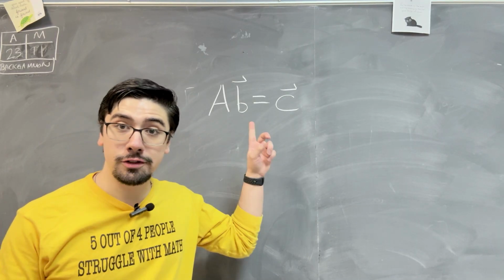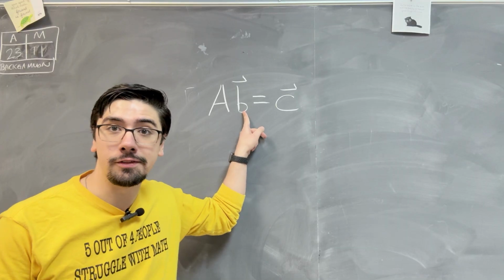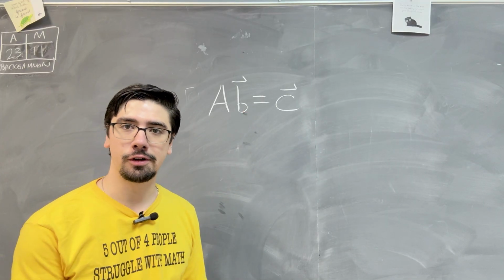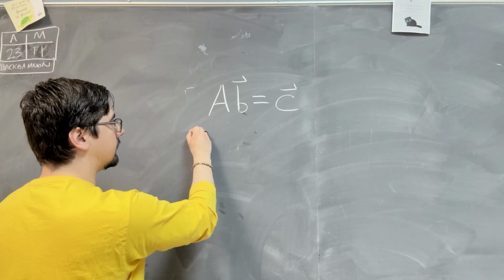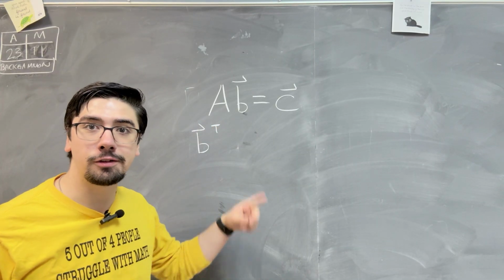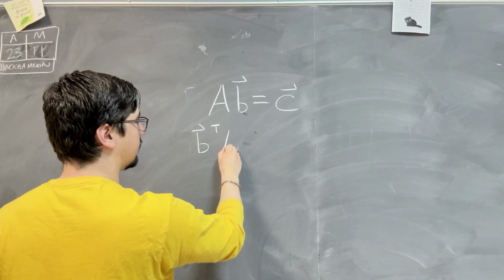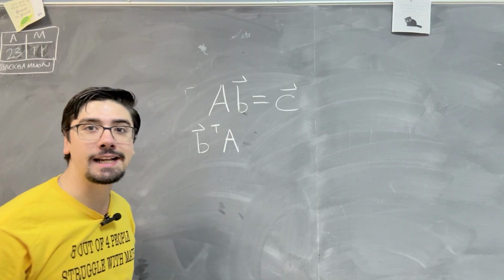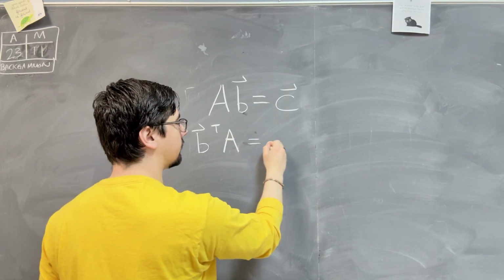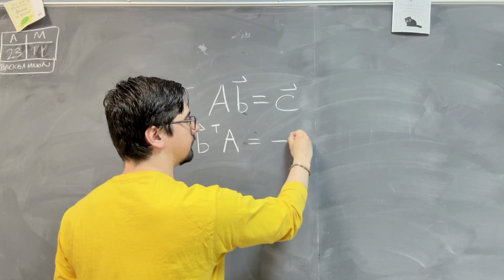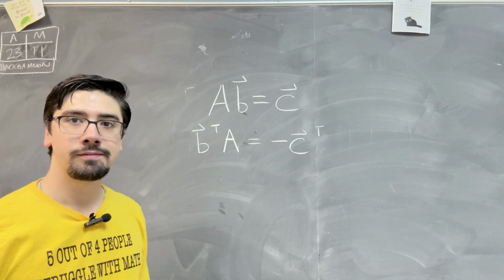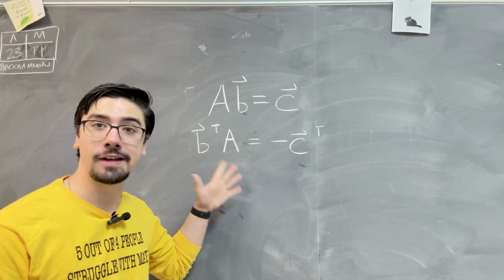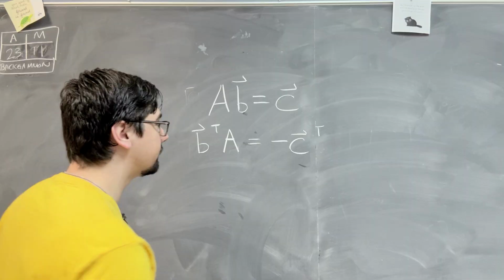So we know that our matrix A times some vector b is going to give us a new vector c. So if we switch the order then we know that b, we got to turn it sideways, so we'll take its transpose and multiply it by A, and that's going to give us negative c, but again it's sideways, so we got to take the transpose again. Notice that we can take the transpose of both sides again to make it match the original, right?